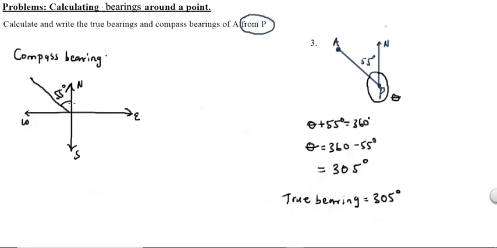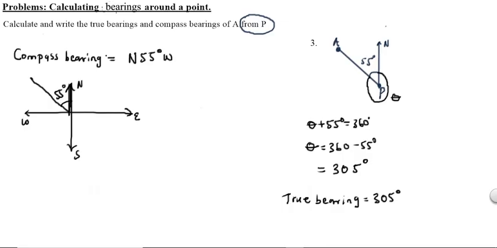Now if we check how this angle interacts with the north, the east and the west, you notice that the closest reference point to the angle is the north. It is a 55-degree angle and it falls on the northwest axis. So we can say the compass bearing is equal to north and then a 55-degree angle moving towards the west. So this is our compass bearing.